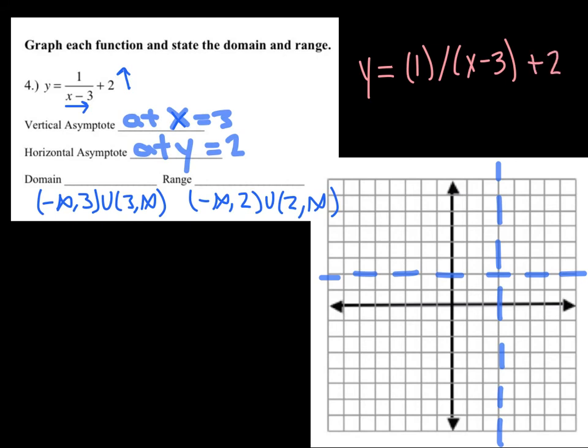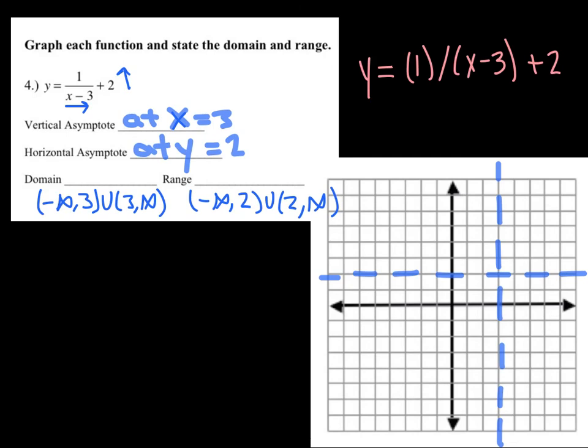If you don't do those parentheses, guys, and you just do 1 divided by x minus 3 plus 2, it's going to do 1 divided by x, and then add negative 1 to whatever that value is, because that's what negative 3 plus 2 is. So if you want that denominator to be a whole expression within itself, it has to stay within those parentheses. So just remember that as you guys are graphing.